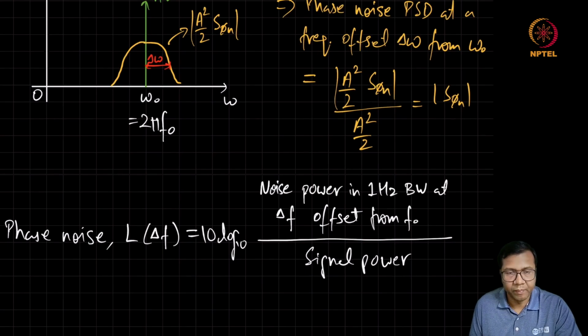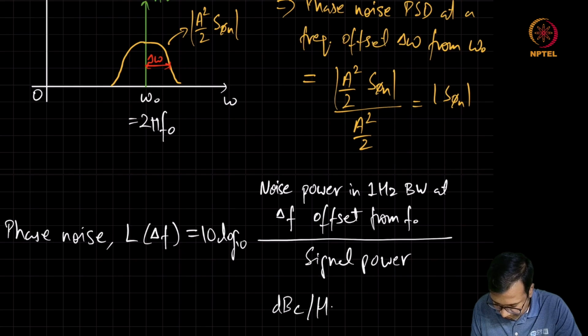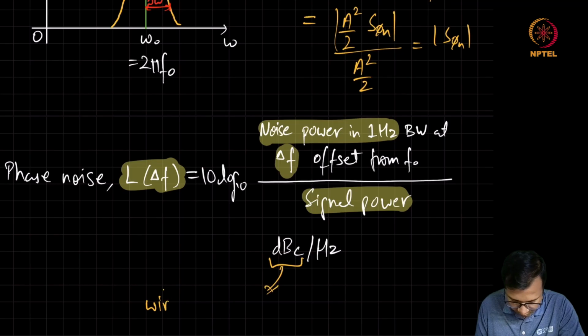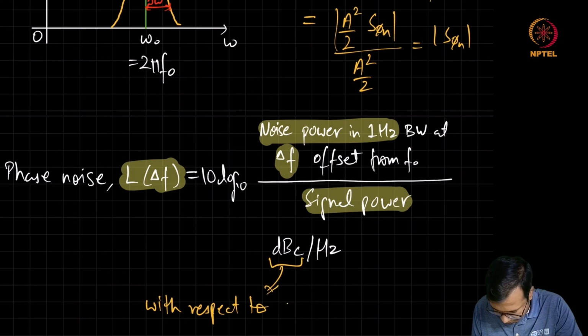The units for this phase noise is dBc per hertz, where dBc emphasizes that we are taking the ratio of the noise PSD with respect to the carrier power.